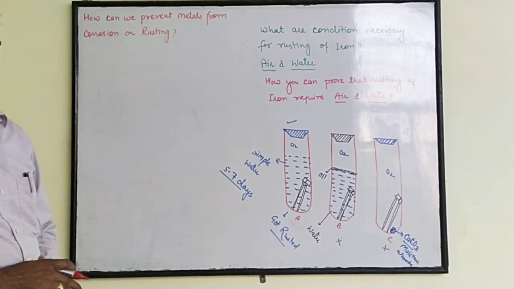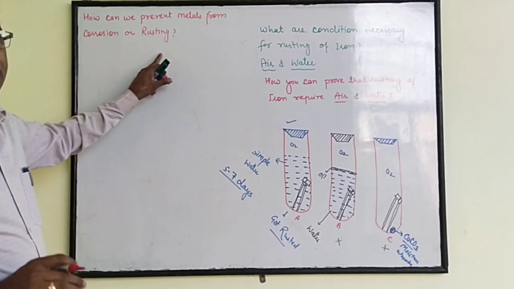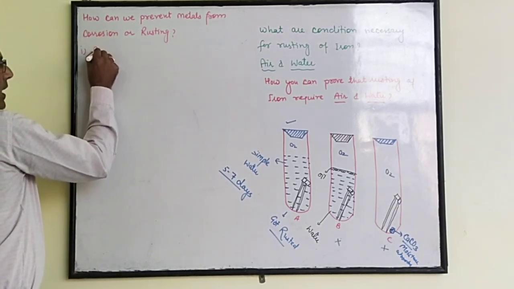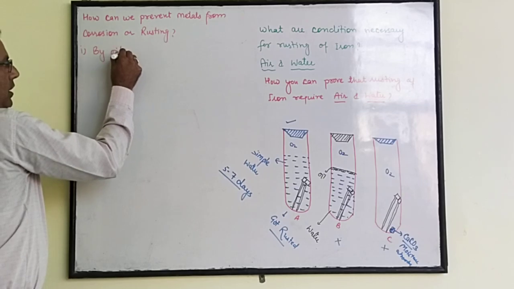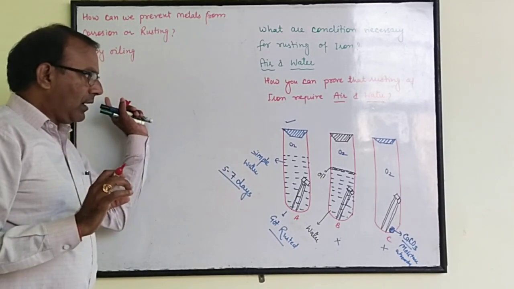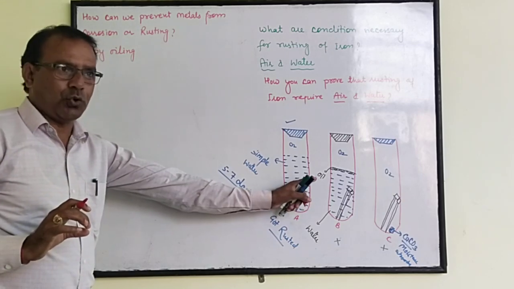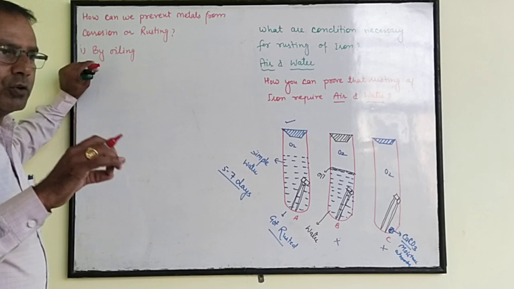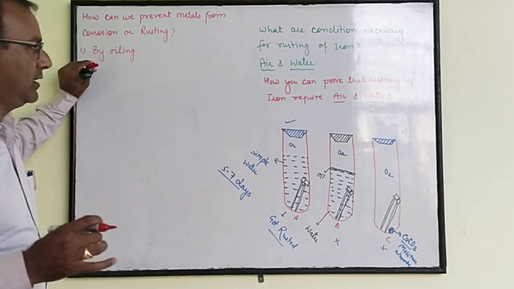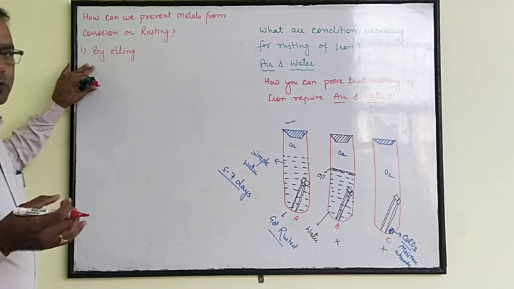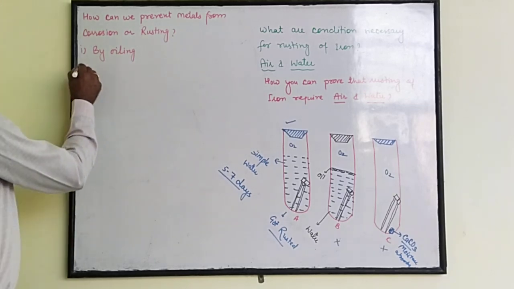We can prevent metal from corrosion and rusting by the following methods, and the first is oiling. It will make an oil coat. Oil acts as an insulator, so the oxygen cannot reach the metal, so the metal prevents itself from rusting, or you can say oxidizing.